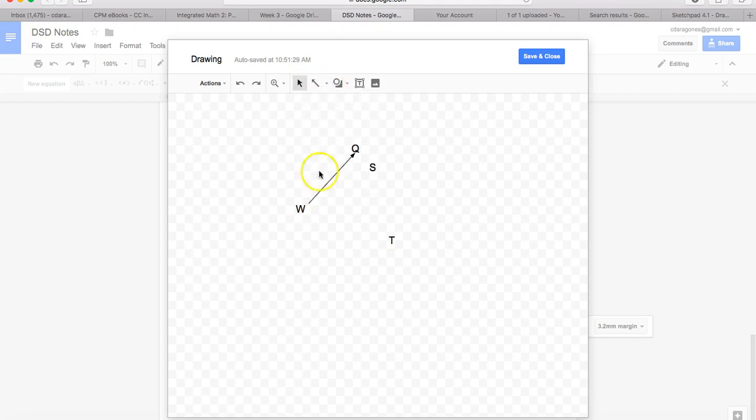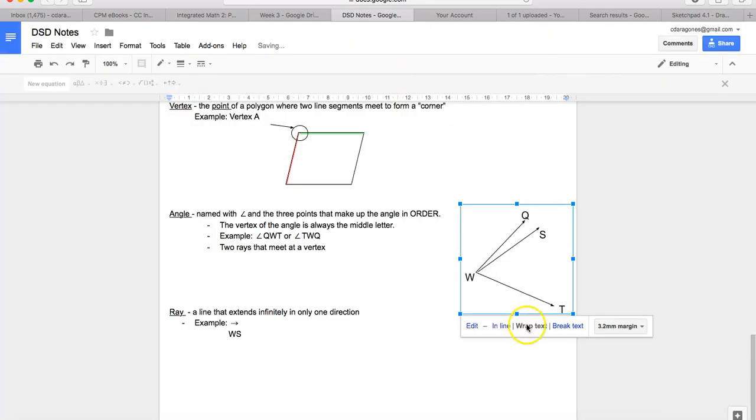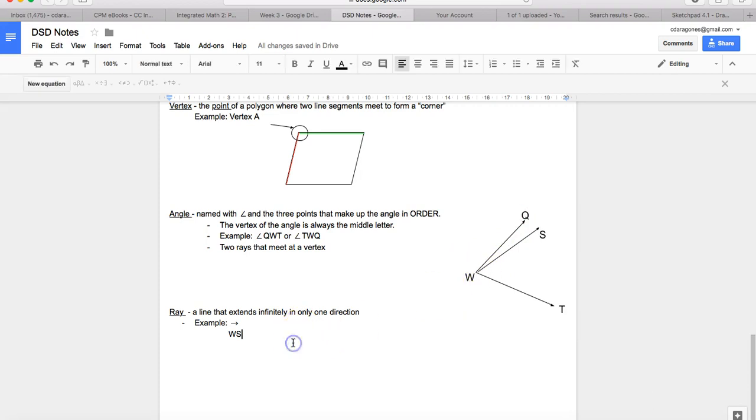So when you have 2 rays meeting at a vertex, that makes an angle. Okay, so in your diagram, just go ahead and change WQ into a ray and WT into a ray. WS right here is also a ray, and you can see there's another angle formed by QWS, right? It's a smaller angle that meets at W.